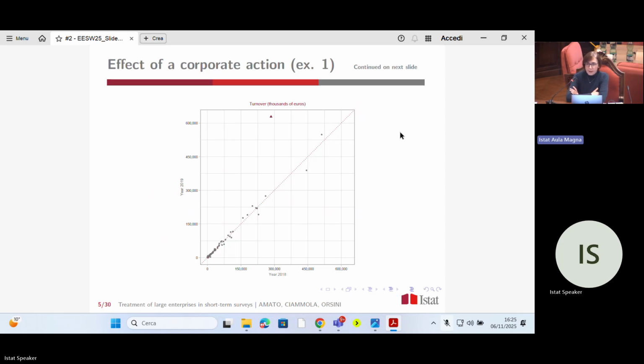To give you an idea of the impact of a corporate event, I show you this scatter plot where the reported turnover in the year 2018 and 2019, sorry, and the red triangles represent an enterprise whose turnovers are affected by an event.